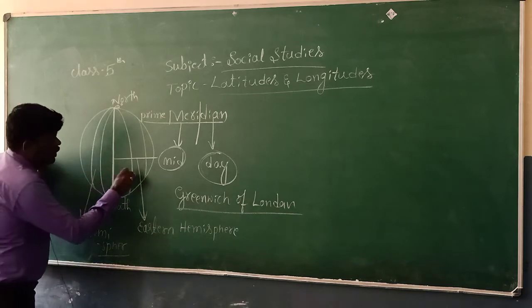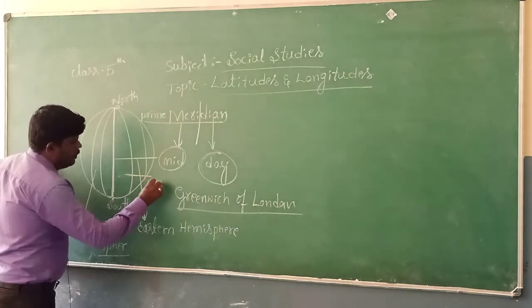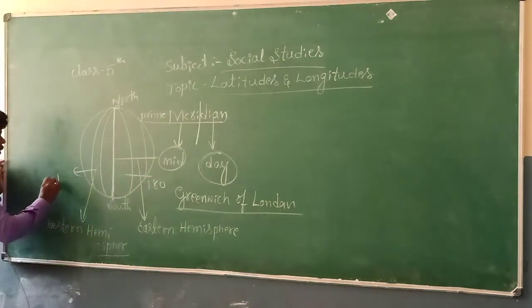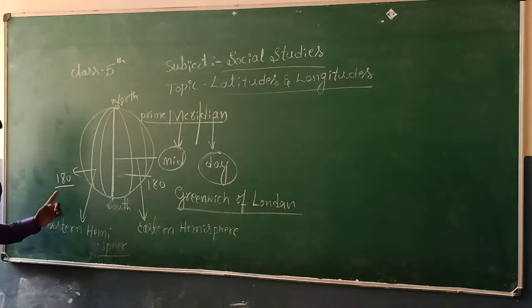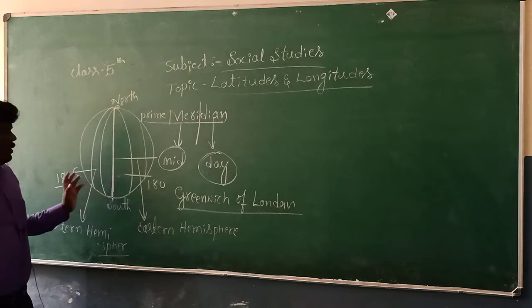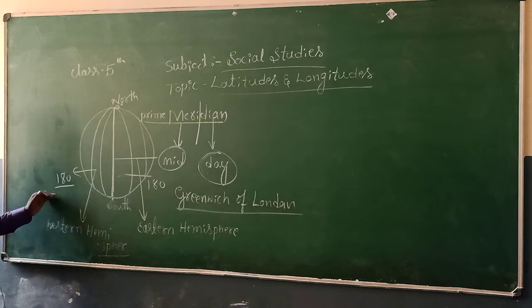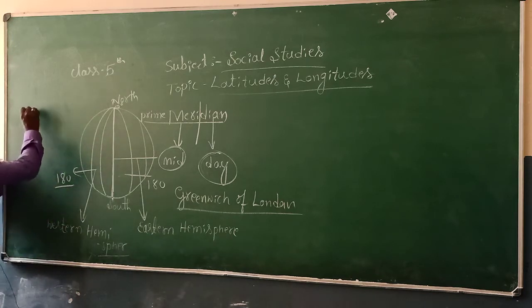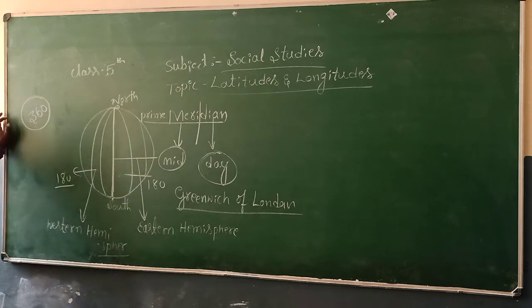There are 180 in the east and 180 in the west. So there are 360 longitudes on the earth.